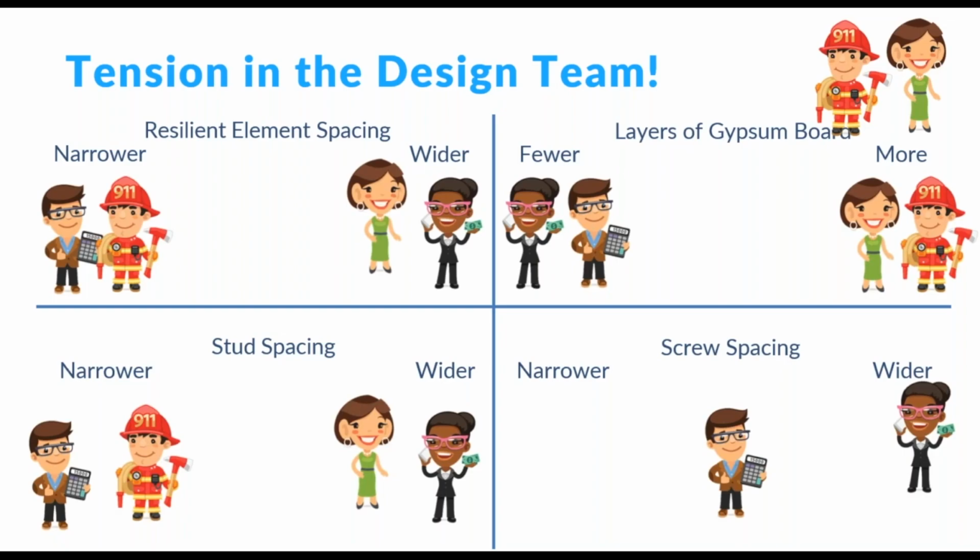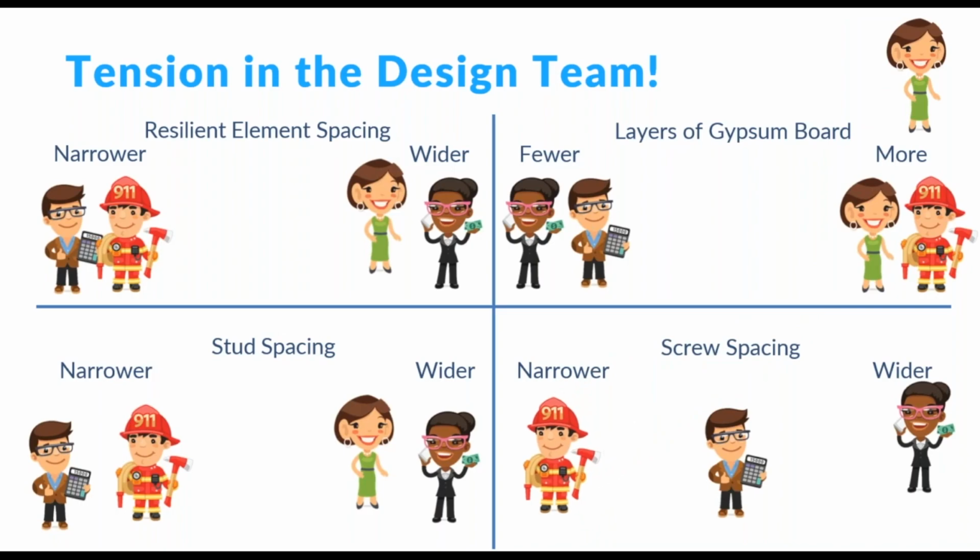However, if you've got gypsum board attached directly to a steel stud, if you want to use the composite wall height tables, those specify maximum spacing for the screws to attach the gypsum board to the studs. So in some instances, it does matter to the structural engineers. And in those instances, they're going to want tighter, narrower screw spacing, because it's more attachments, it's stronger, right?